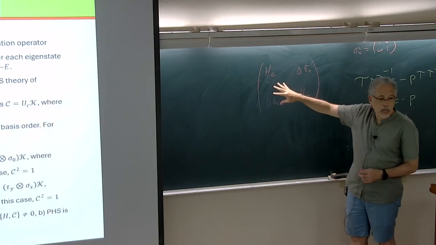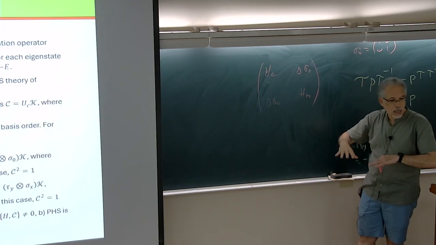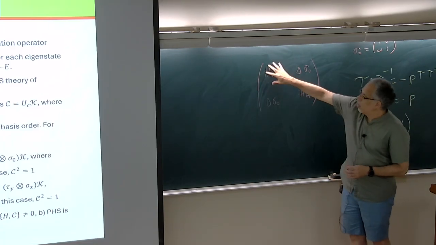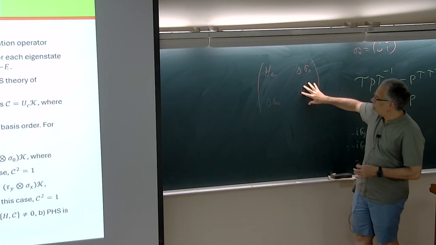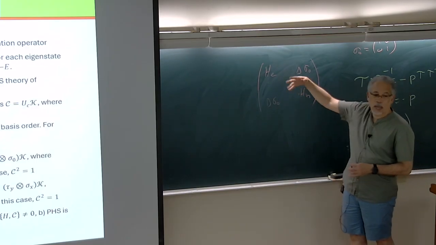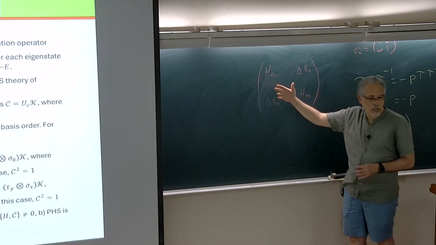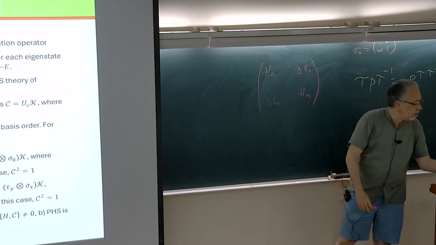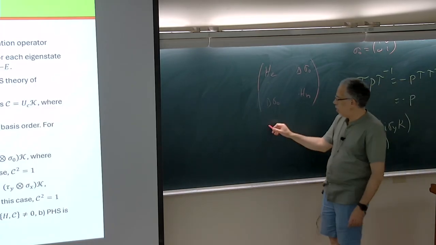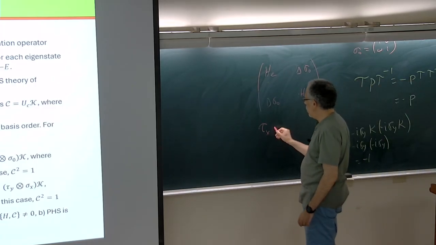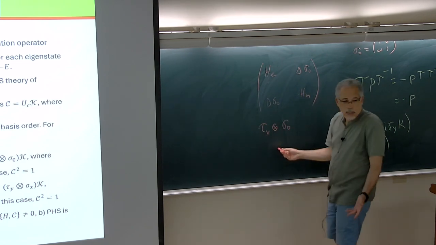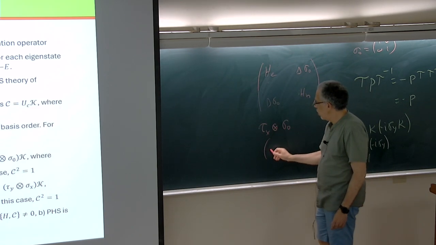So the way you build these typically is with a tensor product of a matrix that acts on the particle-hole sector and a matrix that acts on the spin sector. Let's say for this operator I have tau x, which is just the Pauli matrix, 0 1 1 0.